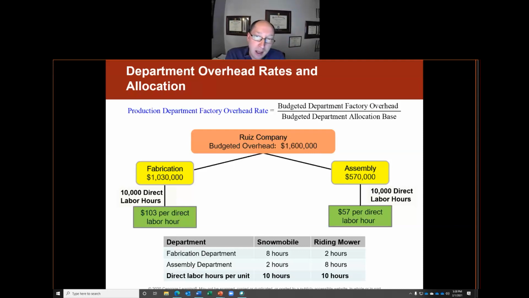Okay, so we have our department budget, 1,030,000, divided by 10,000 hours. So 1,030,000 divided by 10,000 hours equals $103 per direct labor hour of overhead that we assign to each unit.